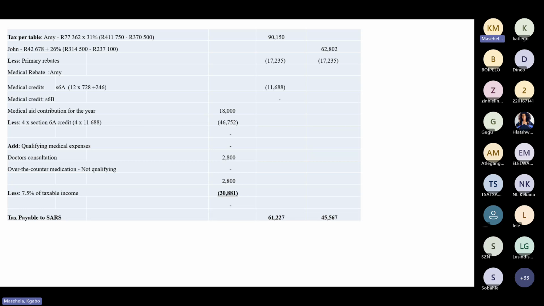Anyone who can share in the chat box, guys, why is this 25,000 exemption? Anyone else in the chat? Or you can raise your hand, I will unmute you so that you can explain it better.